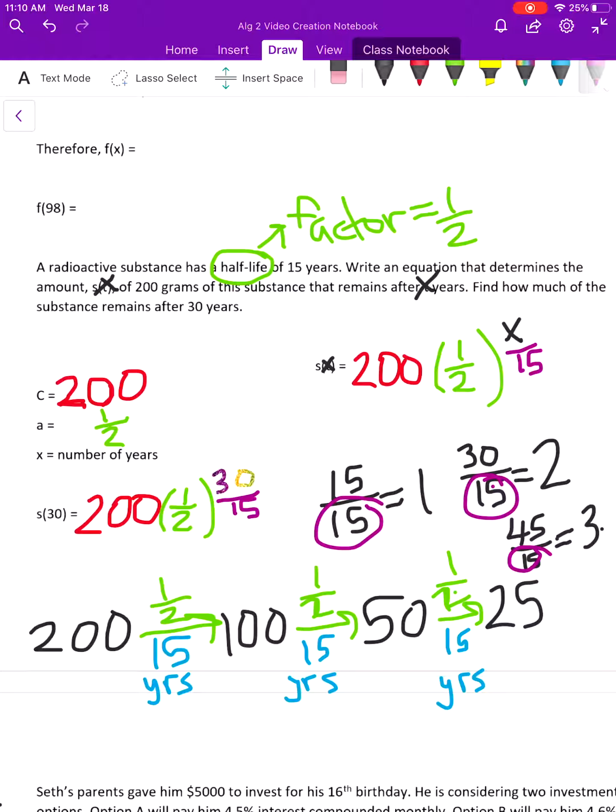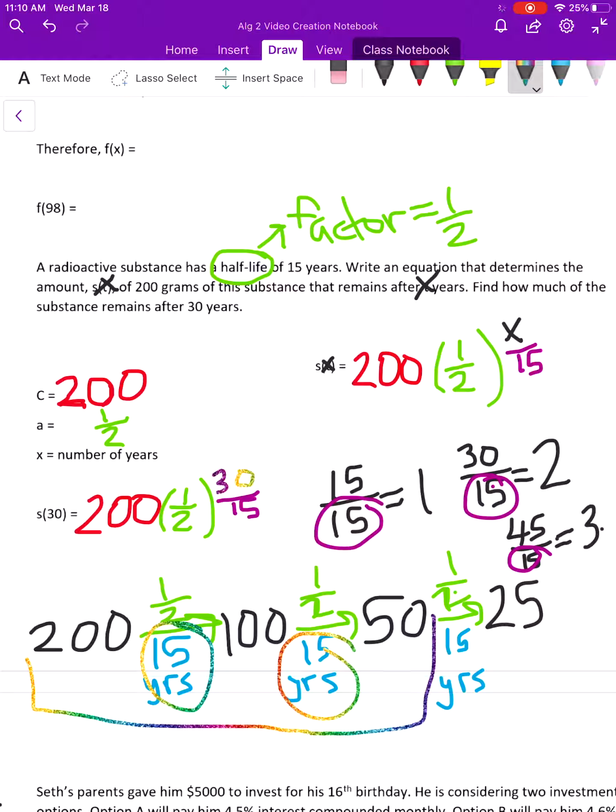We already know that in these 30 years, we should get to 50. We have 15 years here and 15 years here. And so if we don't get 50 when we type it in our calculator, we know we did something wrong. But if you do 200 times 1/2 raised to the 30 over 15, you will get that it equals 50 grams. And so this is the equation for the radioactive substance that has a half-life of 15 years.